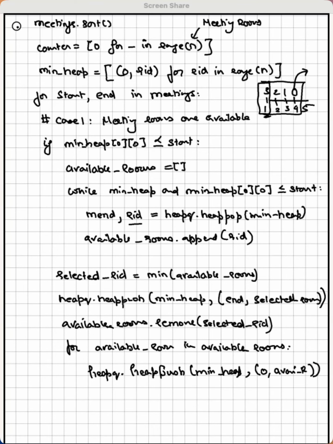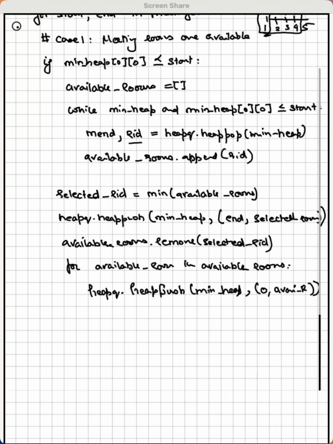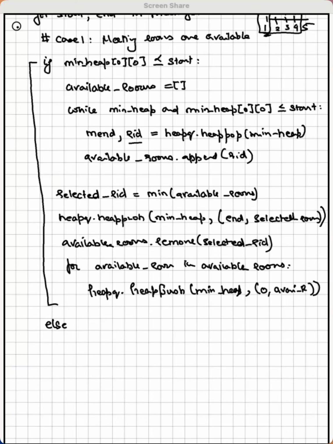Okay, so this is done. Now this was case 1. Now let us look at the else of this, which is nothing but case 2. That means we are getting delayed.